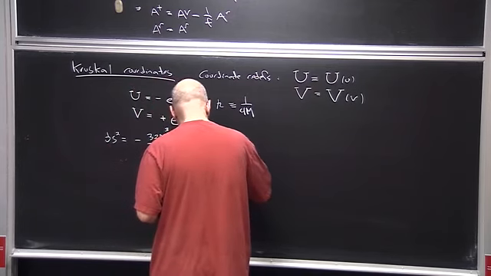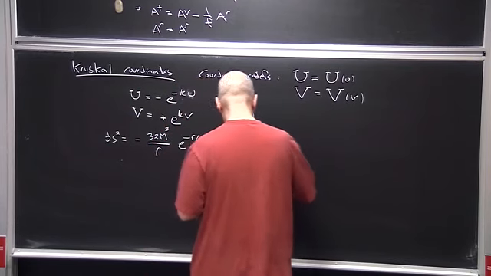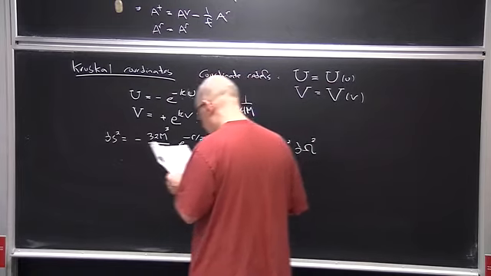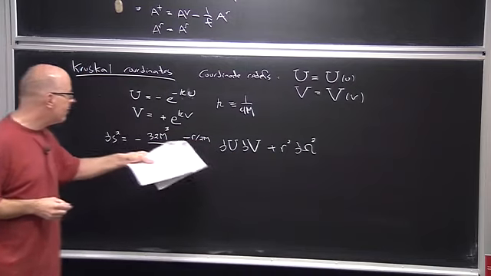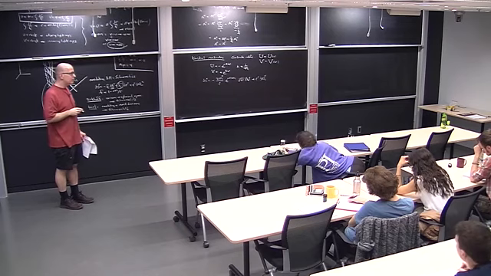And there's a d big U, d big V, plus an r squared d theta squared. The only catch here is that we still have r in the metric, but now r has become a function of U and V. Before we had r of little u, little v. Now we're going to have r of big U, big V.